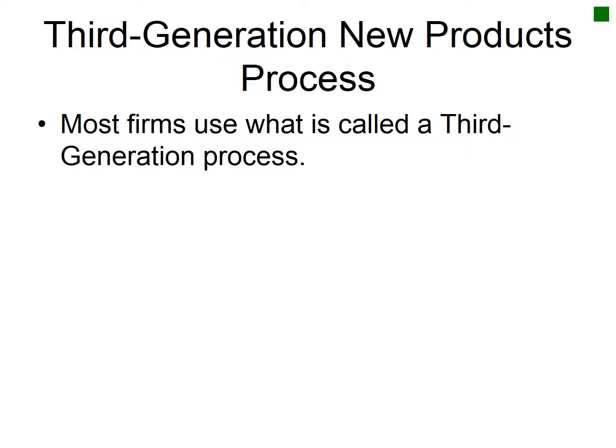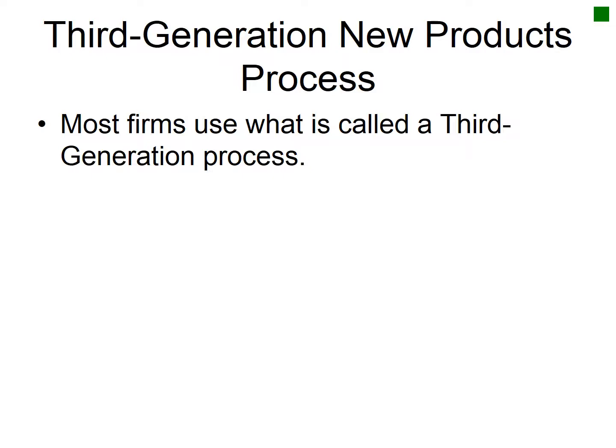So the new product development process has gone through a number of different versions or iterations, and nowadays in our current state of product development, the thought is that we're in what's called a third generation process.